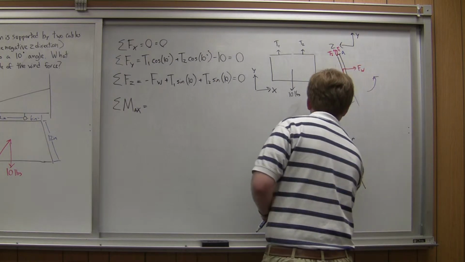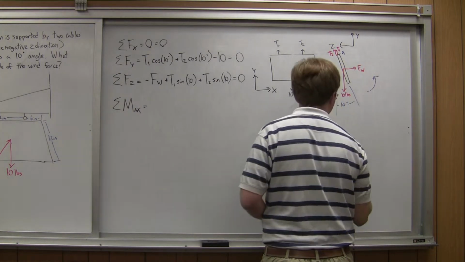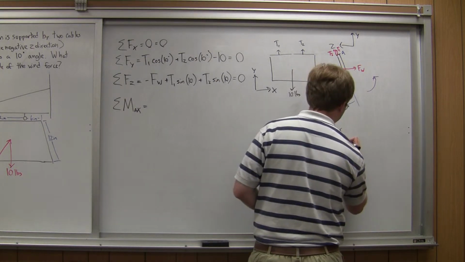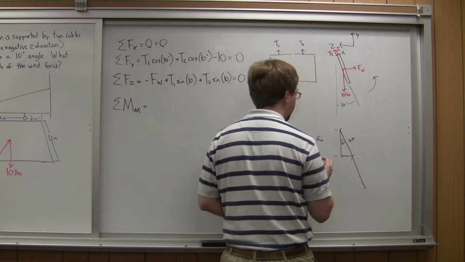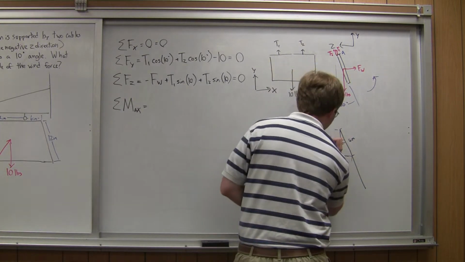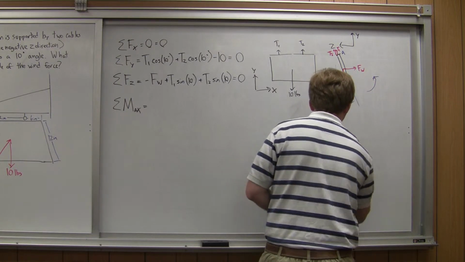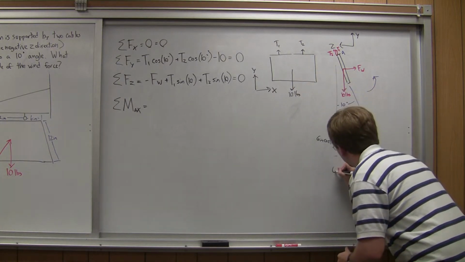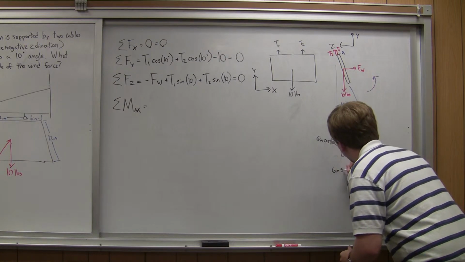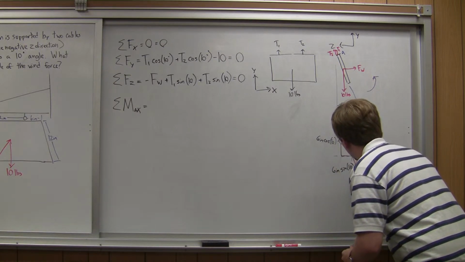So this is going to be 6 inches times the cosine of 10, since this is 10 degrees. And this down here would be 6 inches times the sine of 10.